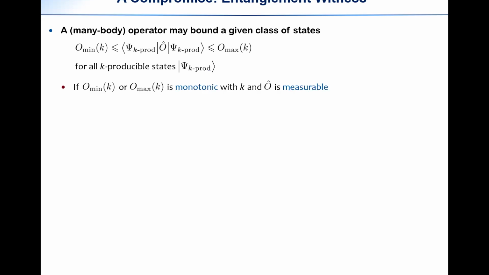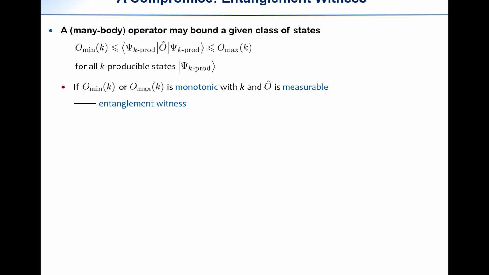And if the upper or lower bound is monotonic with k, meaning when k increases the upper limit also increases or the lower limit decreases, then we can call this observable an entanglement witness, because by measuring it we can tell what region of k, the entanglement depth, we end up with. That's the idea of entanglement witness.